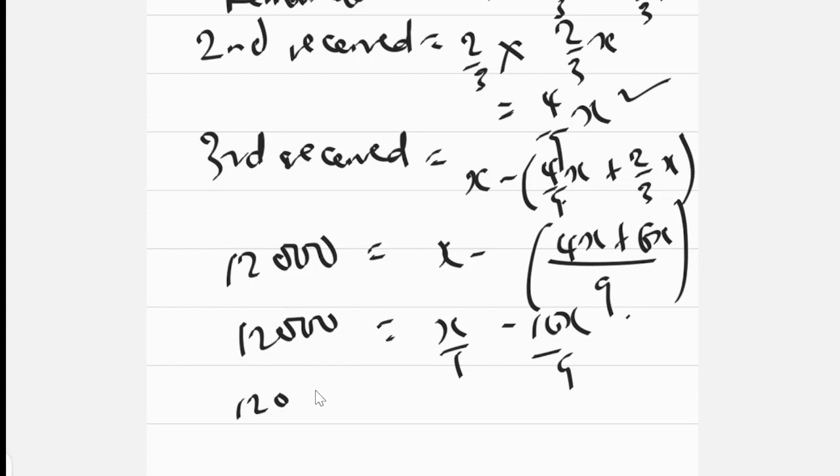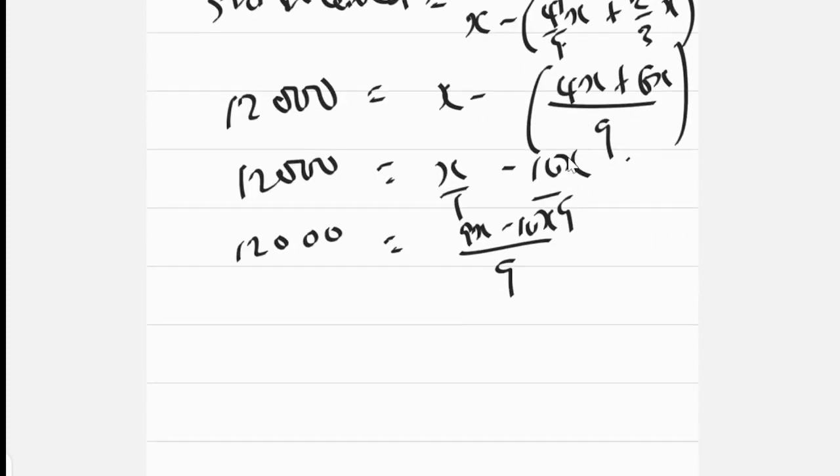Then you have 12,000 is equal to, I hope I didn't make any mistake. Let me check. Yeah, I didn't make a mistake. So then you have 9 here. 1 in 9, that is 9x minus 10x.